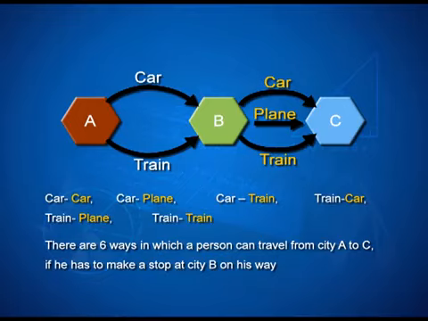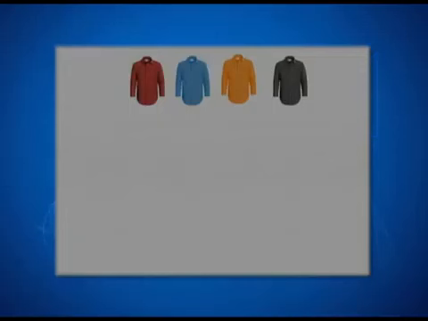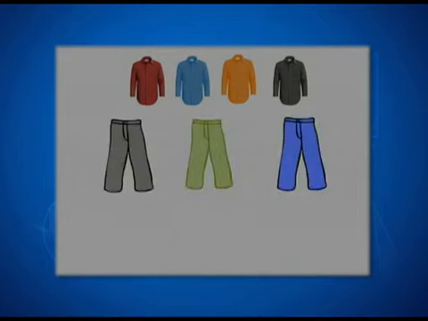Let us take another possibility. A person has 4 shirts and he can match them up with 3 pants, and then there are 2 ties that he can select from. Now, how many ways can he get dressed? If you start with an understanding that suppose we are looking at our first red shirt, and with that red shirt he now has 3 choices.